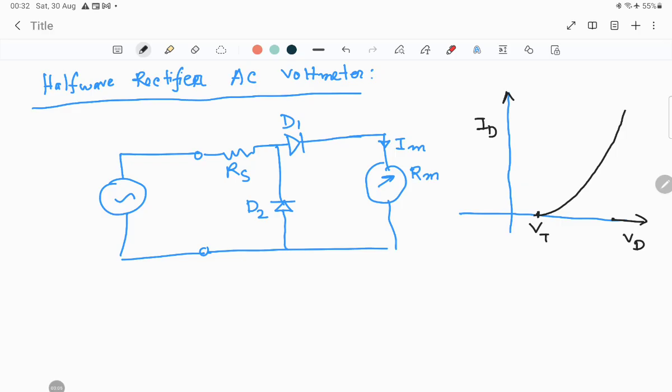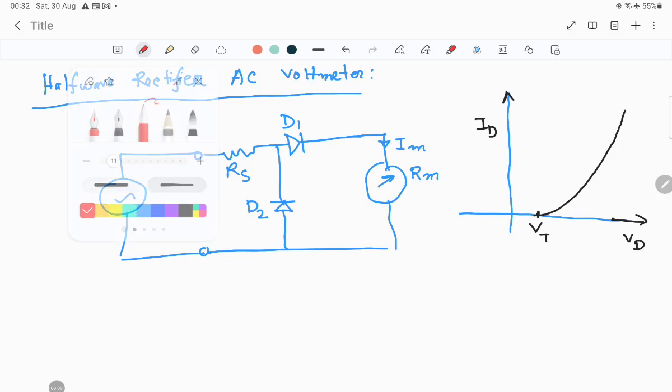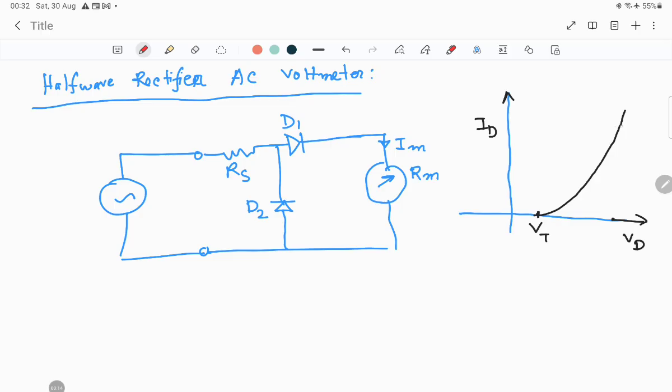After a certain range of the current flowing through the diode, in this particular region, the diode shows a linear property. But if the current drawn by this diode is low, in this particular region, this is a non-linear part.